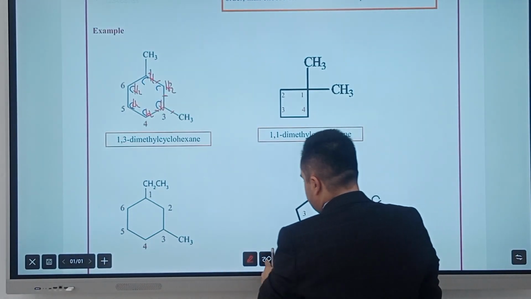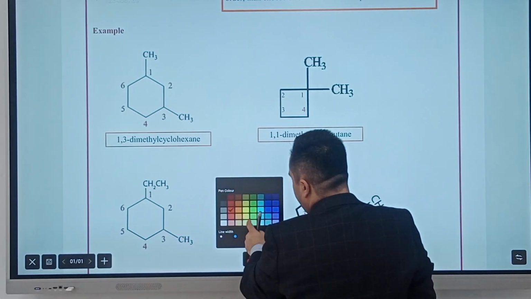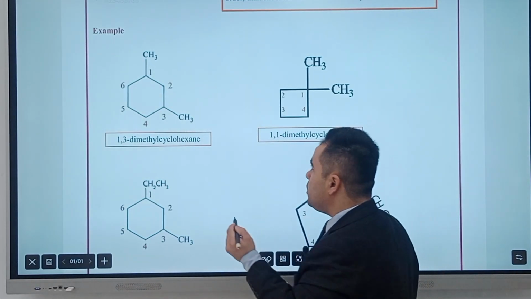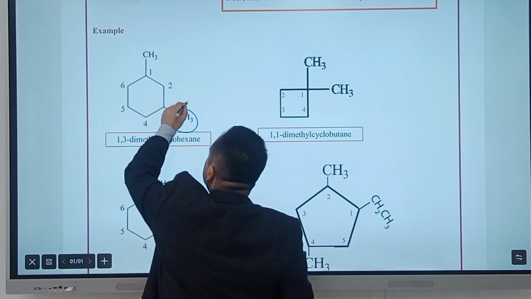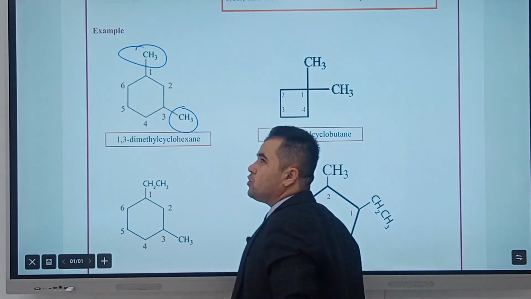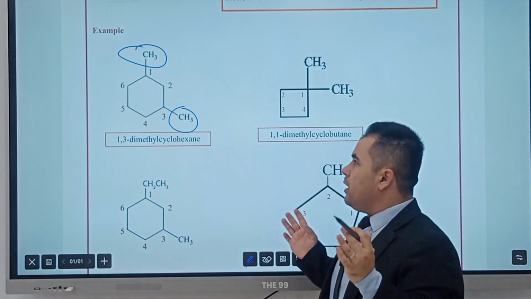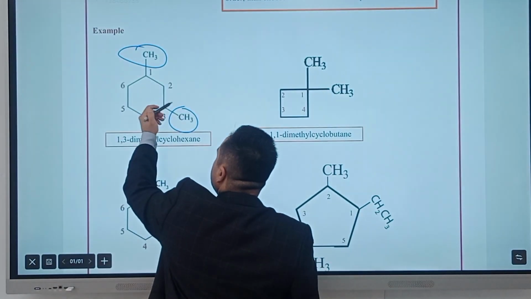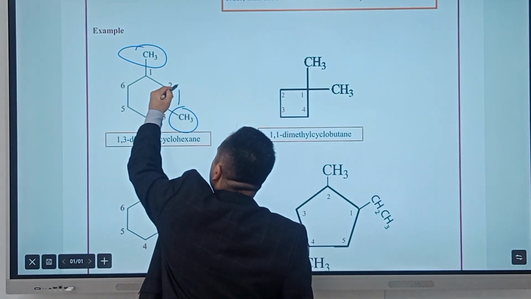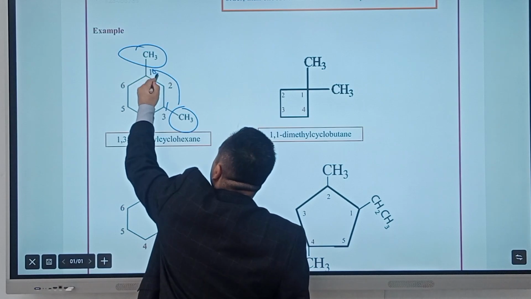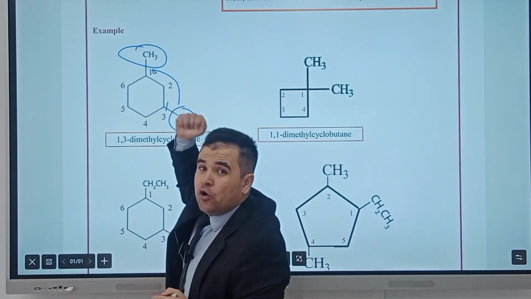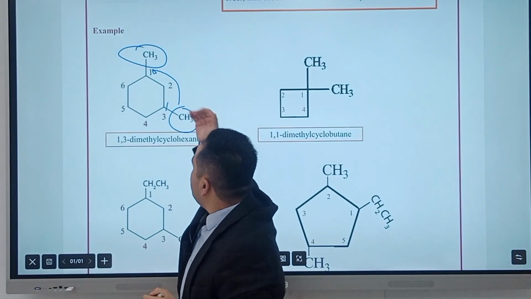So how to name that structure, guys? First of all, you have to number according to the lowest position. Here we have 2 methyl branches. So the methyl groups are both the same alphabetically. Start from this one. If we start from this, you have to rotate counterclockwise to get the lowest position number for the next one.